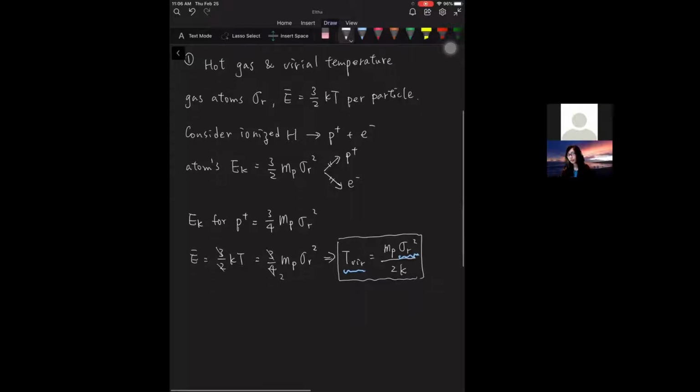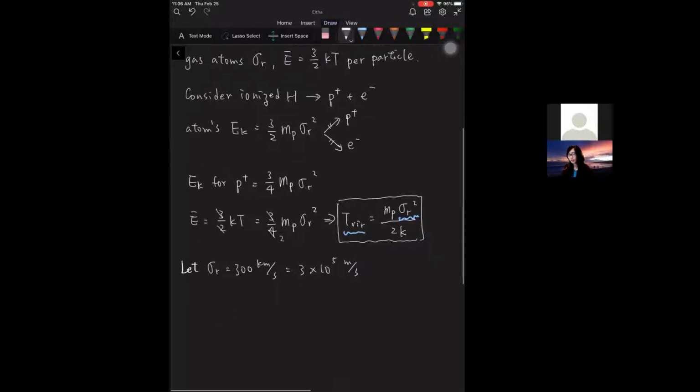Now let's discuss a general case where the radial velocity is about 300 kilometers per second in the cluster, which is 3 × 10⁵ meters per second in SI units.